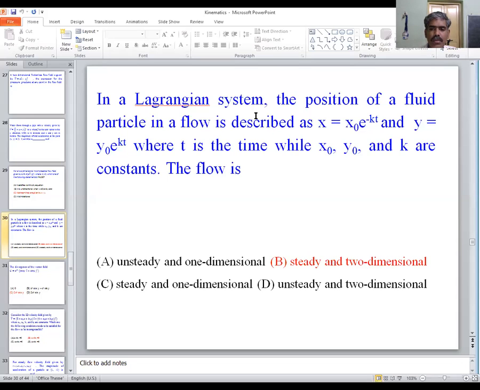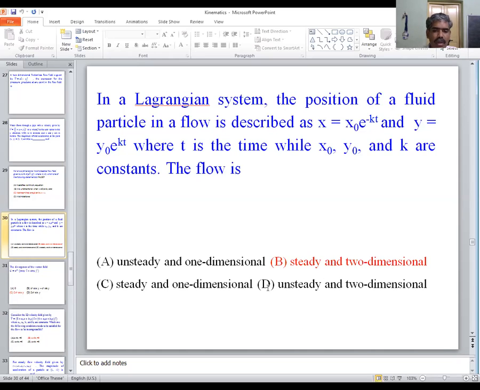In a Lagrangian system, the position of a fluid particle in a flow is described as x equal to x naught e power minus kt, and y equal to y naught e power kt, where t is the time while x naught, y naught and k are constants. The flow is, what type of flow you have to find out: unsteady one-dimensional, steady two-dimensional, steady one-dimensional, or unsteady two-dimensional. To check steadiness and dimensionality, I have to check the dependency using the velocity parameters.